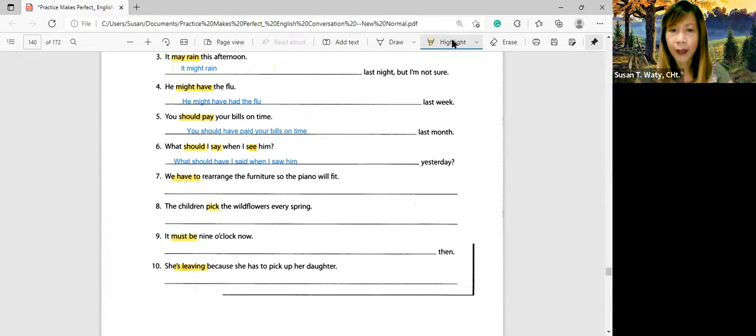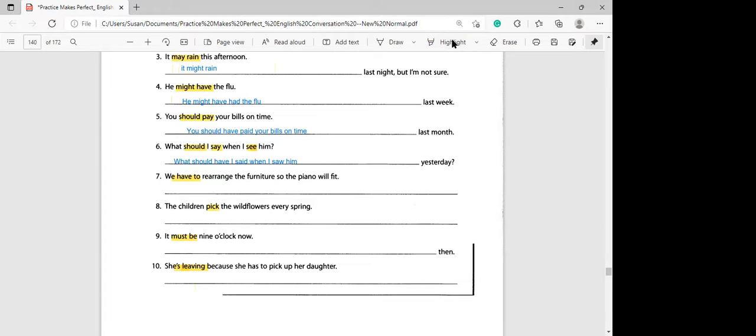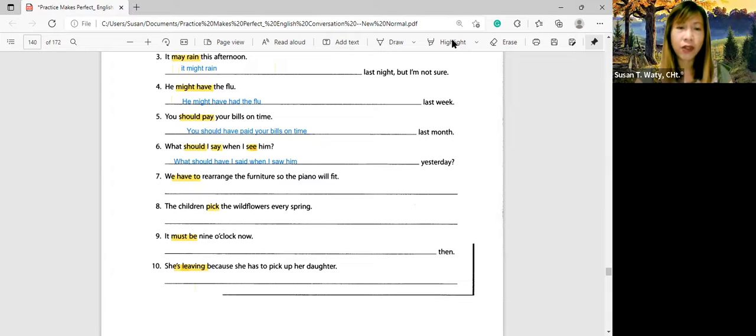Now let's continue. Thank you very much, Miss Lily. Now number 7: We have to rearrange the furniture so the piano will fit. Now change that to past tense. Let's have Angelina try number 7.